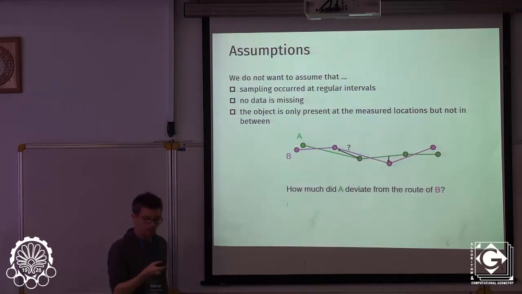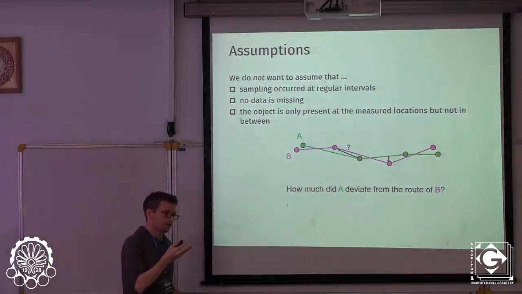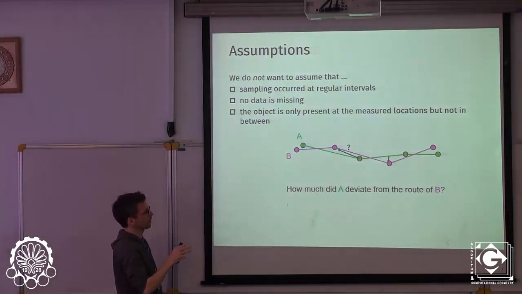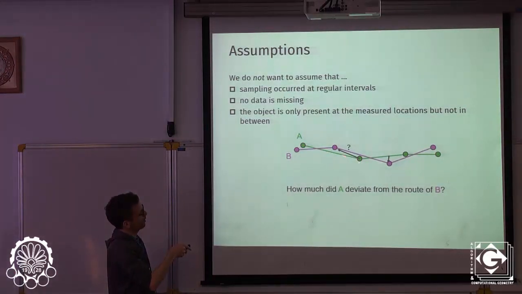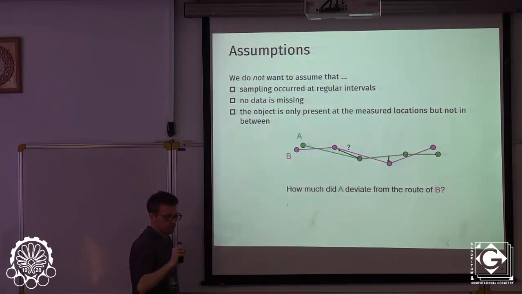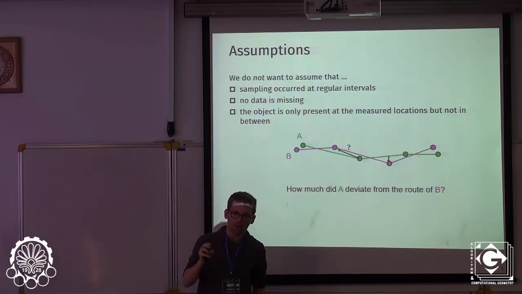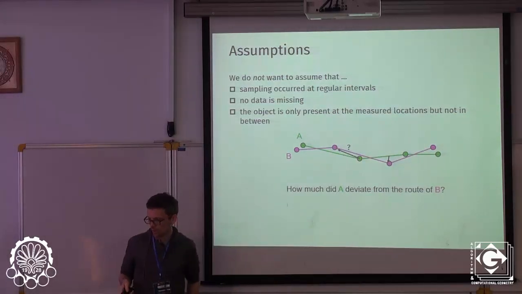Yesterday we saw, for instance, a discrete Fréchet distance, which is also used for simplification sometimes. But if you use a discrete measure, then you end up with problems: if A would have been the simplification of B, then suddenly you get very large distances, although A is fairly close. If one trajectory has much fewer data points than the other one, then these discrete measures run into problems.